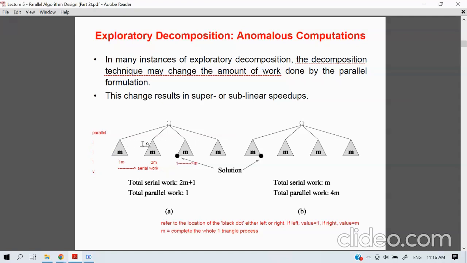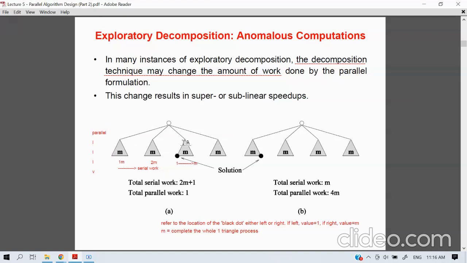So we need to calculate how many serial works there are from left to right: 1, 2, 3 and 4. If we read in the vertical way, it is called parallel task or parallel work. In this case, there is only one level of parallel, so we can execute 4 triangles at once.